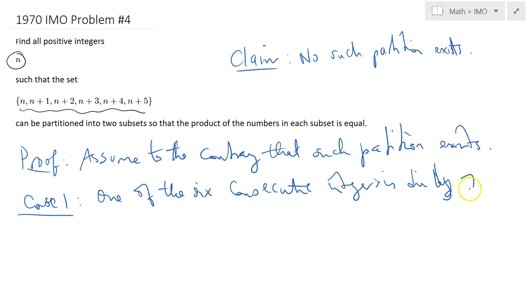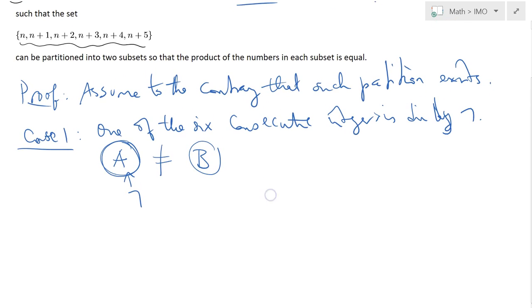Because that integer which is divisible by 7 will fall into one of the sets, and let's say that the product of that first set is equal to A and the product of the second set is equal to B. So if 7 falls into this set, the product A will be divisible by 7, whereas the second set will definitely not be divisible by 7. As a result, there is no way that those two products will be equal to each other. So we are only left with one case, case 2.